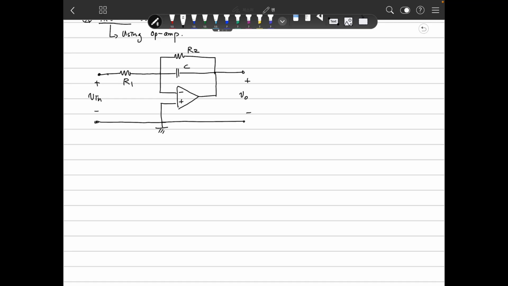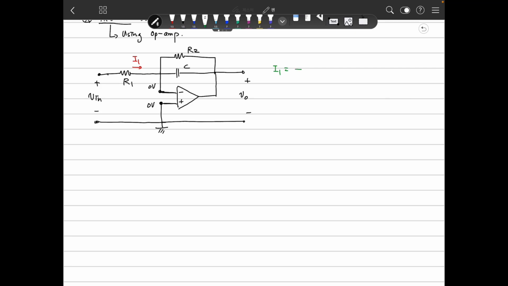We need to solve the circuit from the viewpoint of input and output. First, we define this as I1. Because this is an op amp, we define that this voltage and this voltage are the same. Because it's 0 volt, this is 0 volt.